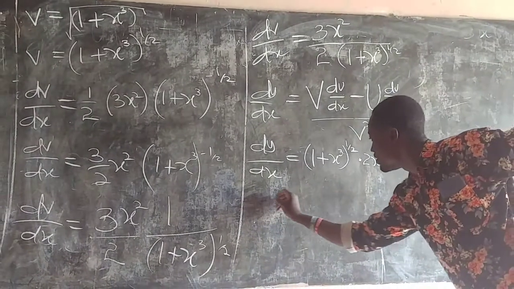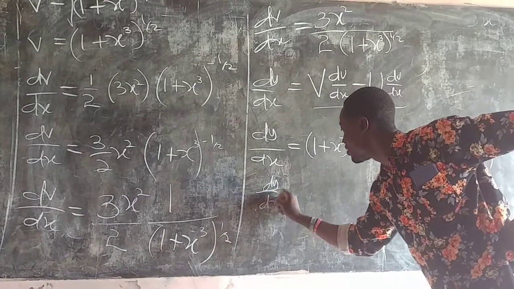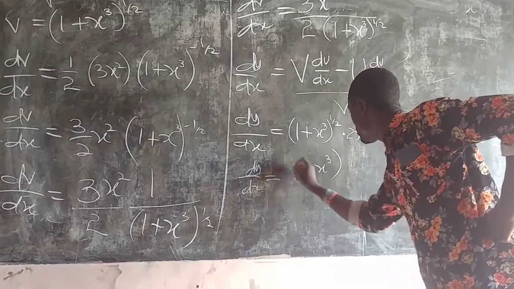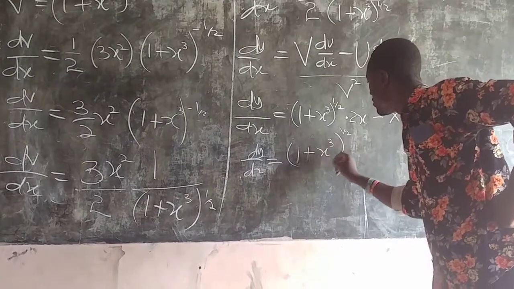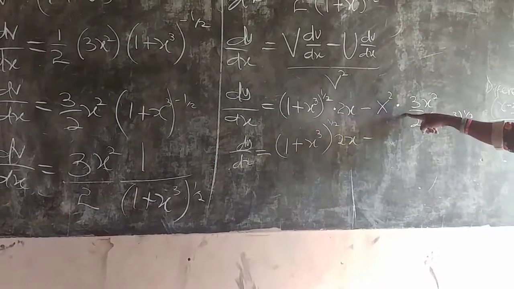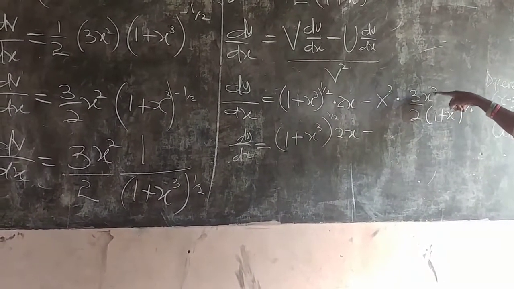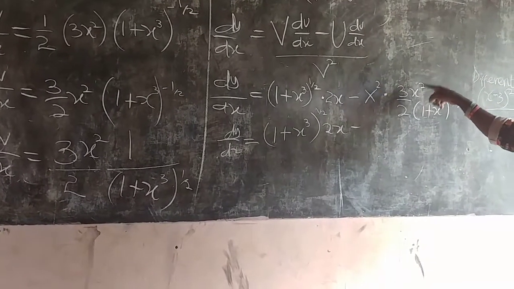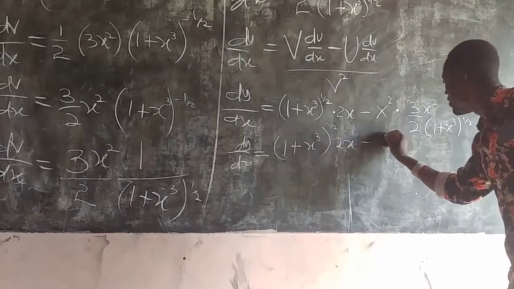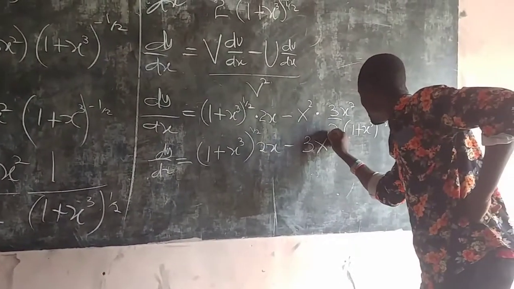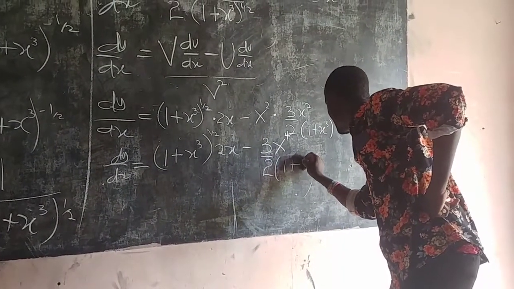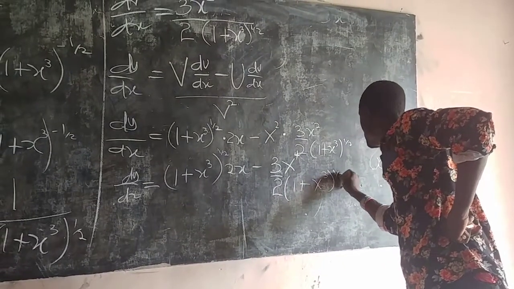So we have dy/dx will be equal to 1 plus x cubed exponent 1 over 2 times 2x minus x squared times 3 over 2 x squared. So you get 3x squared plus the 2, that will give you 3x exponent 4. So you get 3x exponent 4 over 2 bracket 1 plus x cubed exponent 1 over 2.